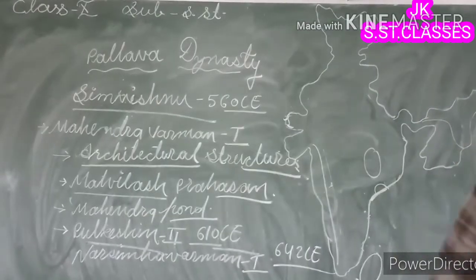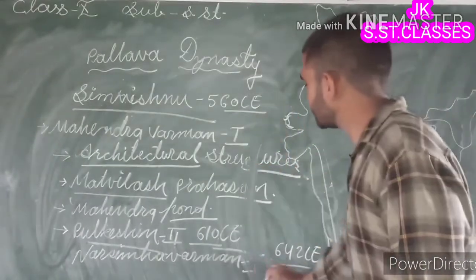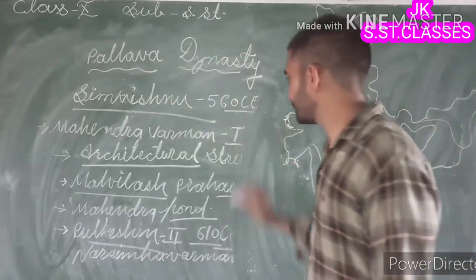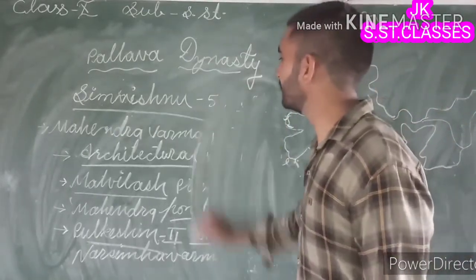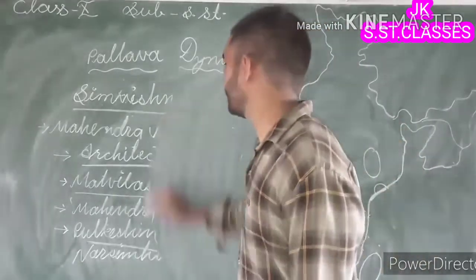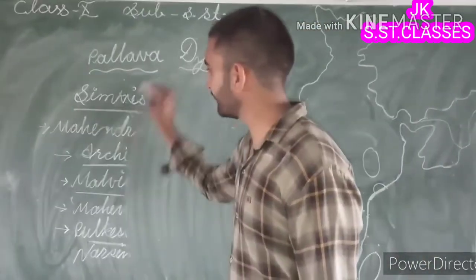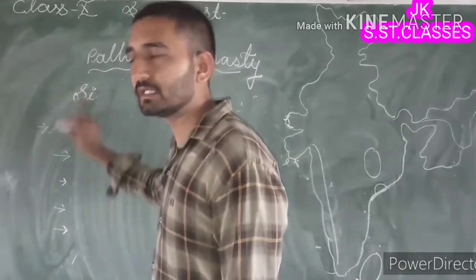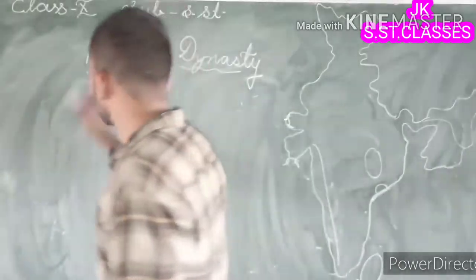In this way, he occupied the region of Vatapi. So the next important ruler of the Pallava dynasty was Narasimhavarman I, who defeated the Chalukya ruler Pulakeshin II.